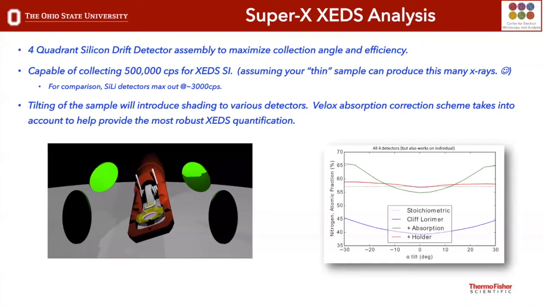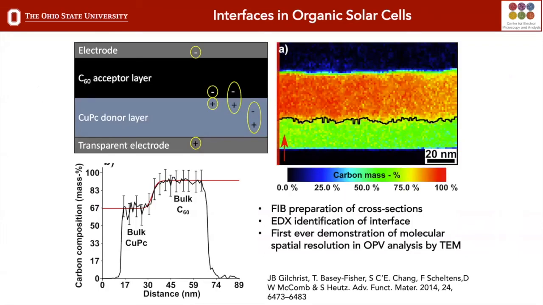You can even get separate signals from the 4 different detectors, so that if you want to get rid of one because you think it was just noisy and not producing any real signal, you can do that as well. All of this is contained in their newest software, Velox, and it really is a nice EDS quantification and analysis package if you're looking to do that type of work.